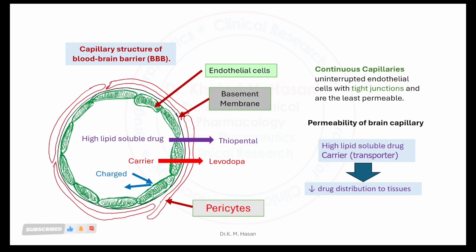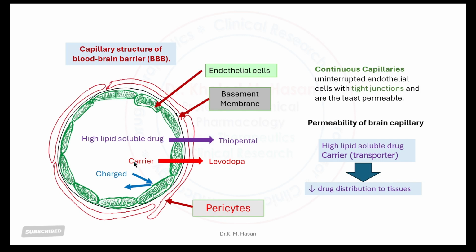Speaking about the capillary structure of the blood-brain barrier, we mentioned that we have tight junction, which does not allow the medication to pass easily. We have two conditions for the medication to pass from the blood to the central nervous system. Number one, the medication needs to be highly lipid soluble to dissolve in the membrane and cross the membrane. Example, thiopental. Thiopental is considered an ultra-short, rapid-acting medication for general anesthesia.